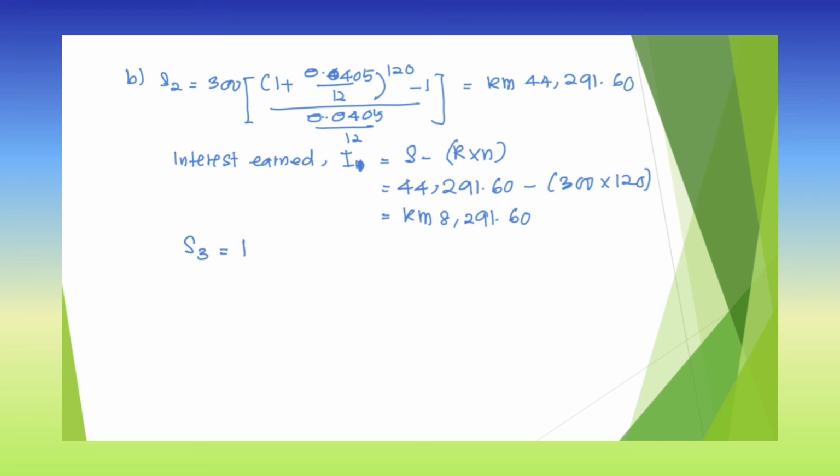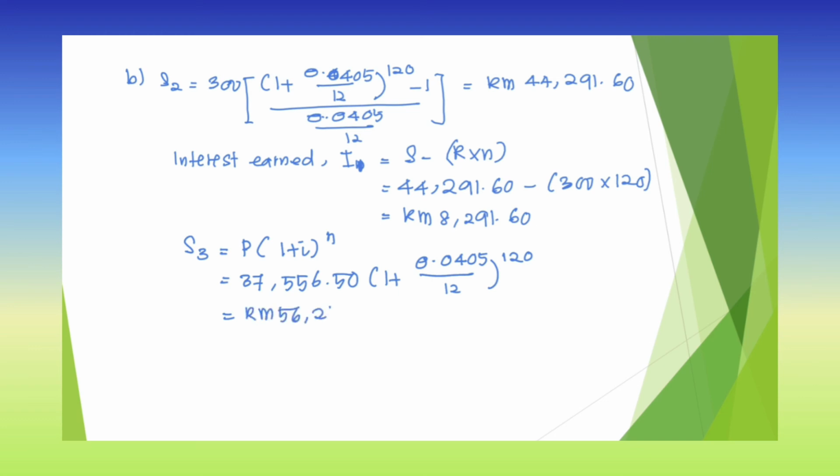So S3 is P (1 plus I) to the power of N, and the principal now is 37,556 and 50 cents, times (1 plus the interest rate 0.0405 over 12) to the power of 120. So the accumulated amount is 56,270 and 17 cents.